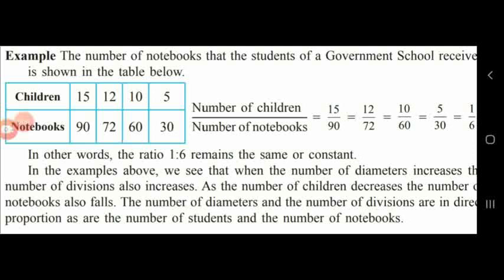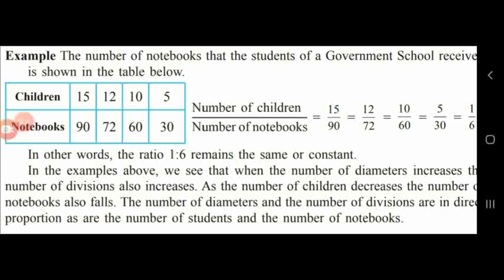If you see, the number of children is decreasing from 15, 12, 10, 5, means it goes on reducing. At that time, notebooks given to them also reduce. You can check 90, 72, 60 and 30, means notebooks also go on reducing as students' strength reduces.